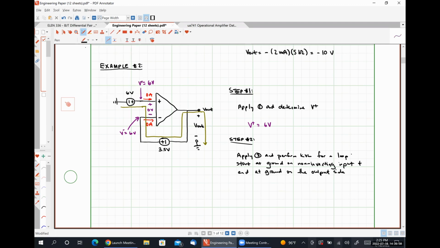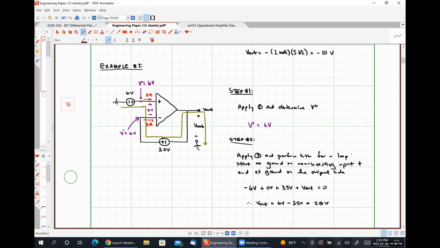So if I write this KVL equation, what I'm going to have is -6 volts plus 0 volts plus 3.5 volts plus V out is equal to 0. And then rearranging this, we find that V out is equal to 6 volts minus 3.5 volts is equal to positive 2.5 volts.